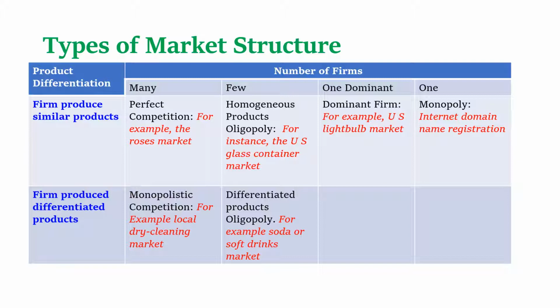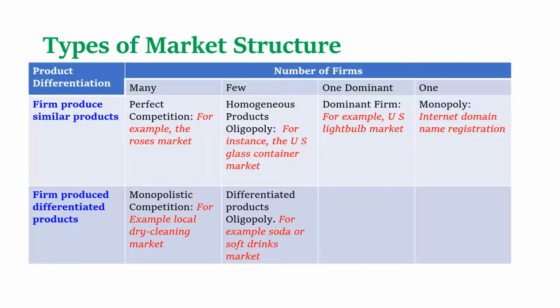And again, you also have the case where certain farms produce similar products, but at the same time, there are not many in the industry. There are very few. Take the case of the US glass container market. You have very few firms: Owens-Illinois, Anchor, and Saint-Gobain.